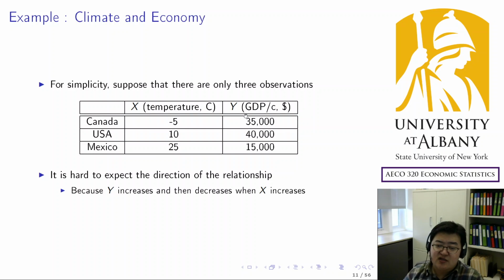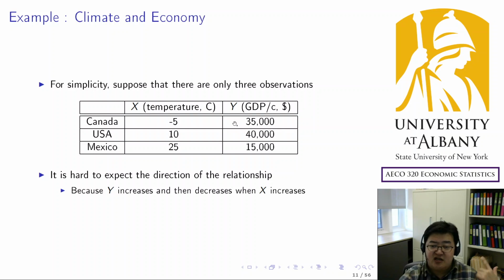So we'd like to see, is there any pattern between the two variables? In this order, the temperature increases. As you go south, of course, the average temperature increases. If y was strictly increasing or strictly decreasing, then it would be very easy to determine the direction. If the GDP per capita increased in the same order, then their relationship must be positive.